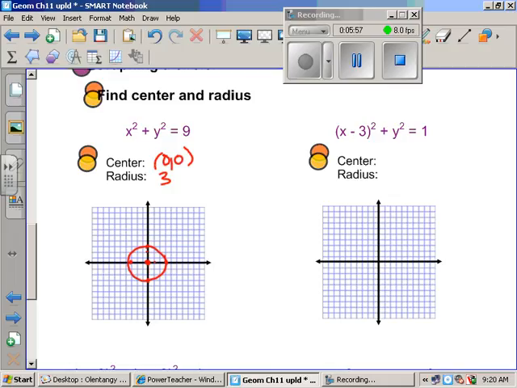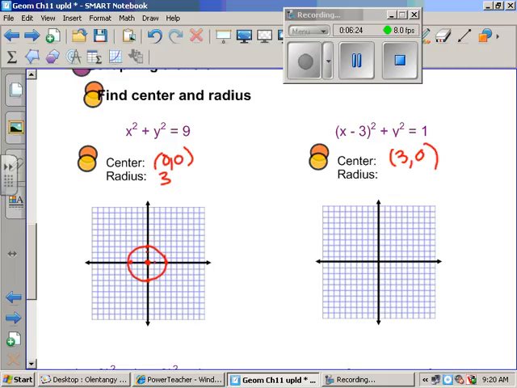All right, let's try this one. Cameron, what's my center? Okay, the h is 3. What's the k? 0, right, because it's not there. So we know that it used to say y minus 0, but they didn't write it.